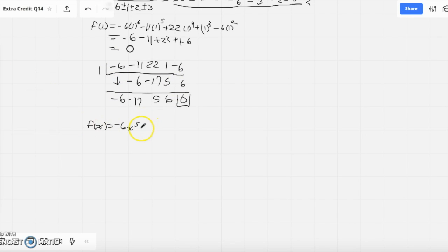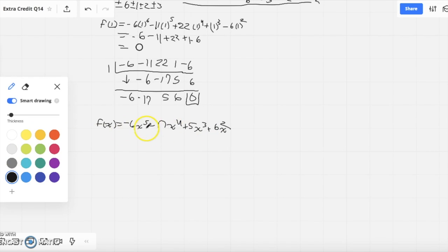So now we have negative 6x to the 5th minus 17x to the 4th plus 5x to the 3rd, and finally plus 6x squared.